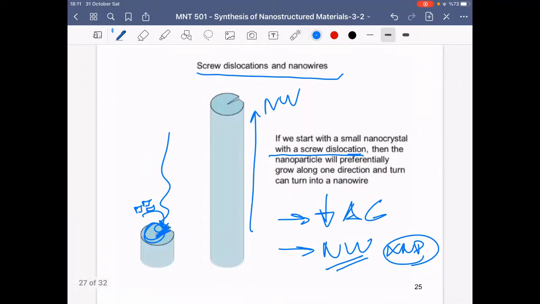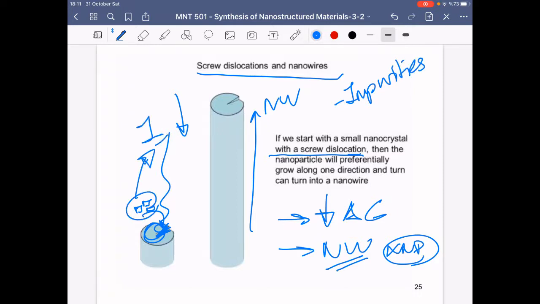And sometimes to do these kinds of things, people put impurities into their systems, because these little atoms will go and attach themselves onto impurities, because that requires less energy for it to form. So by doing that, you actually help your system to get over the hump.